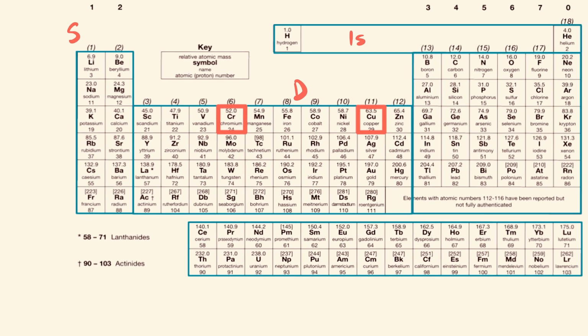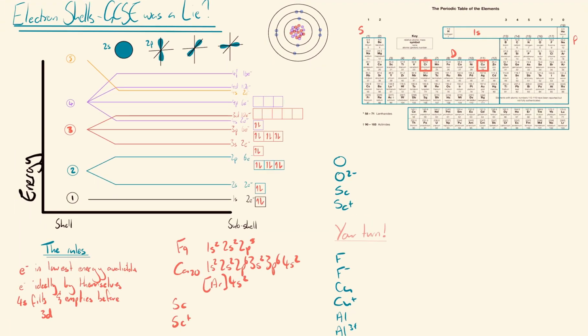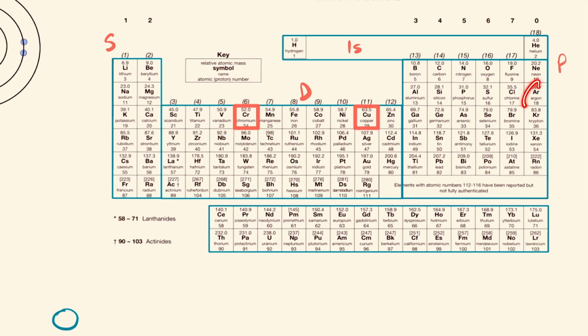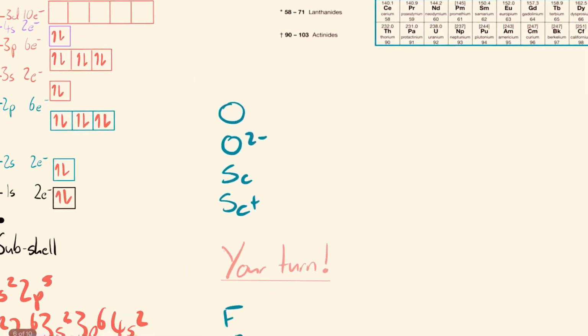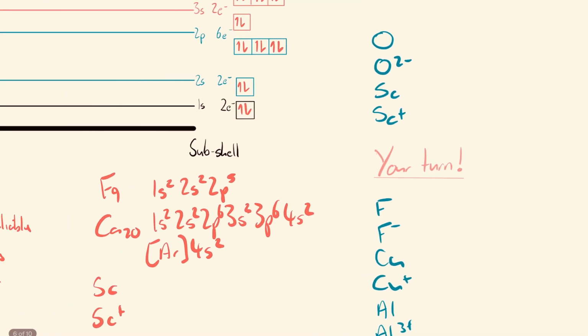I'm going to start off by going straight to our Ar before. We get Ar 4s2, 3d1.